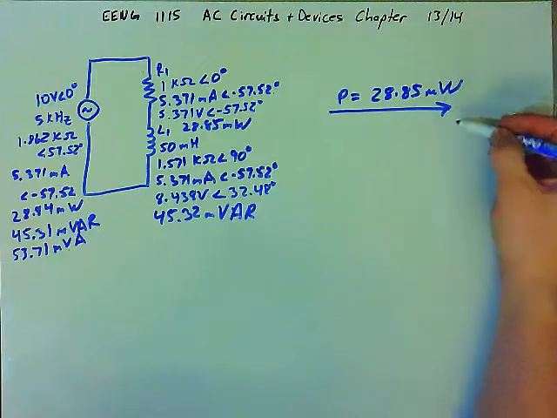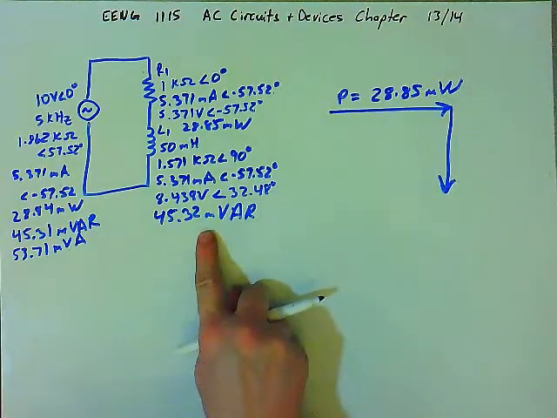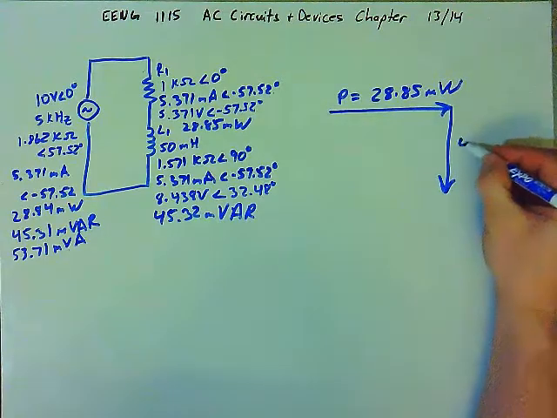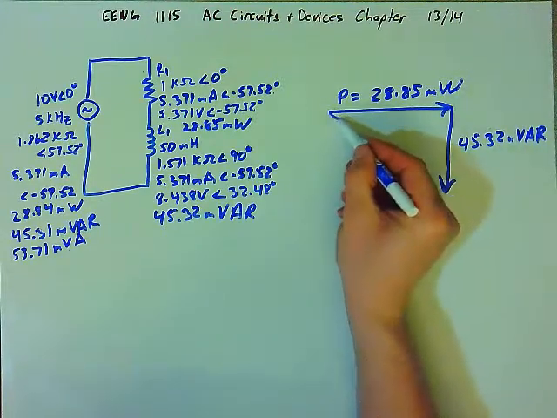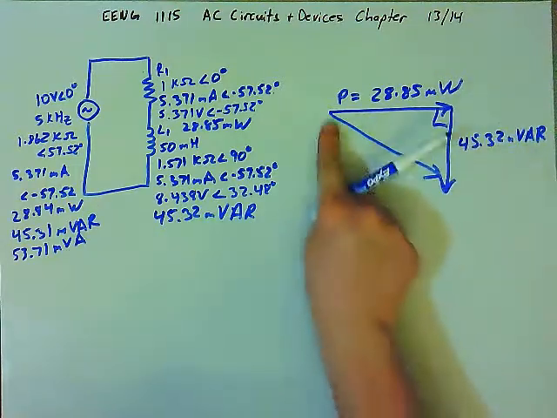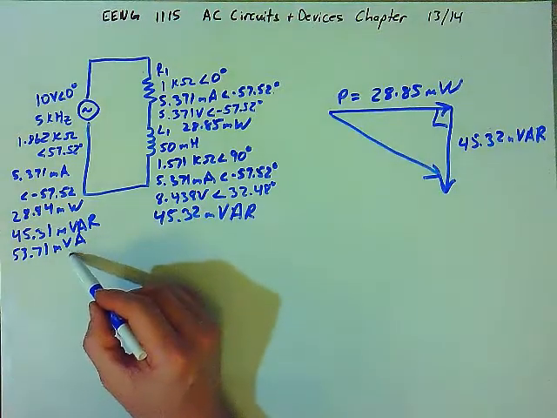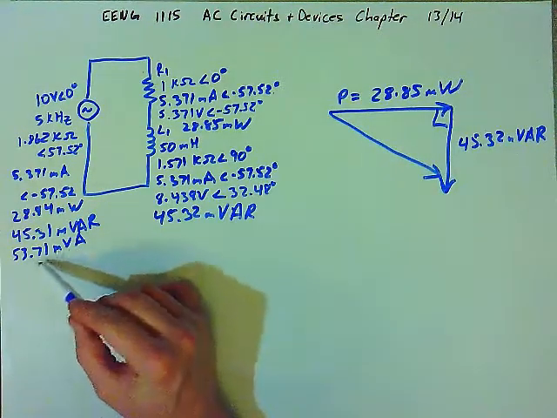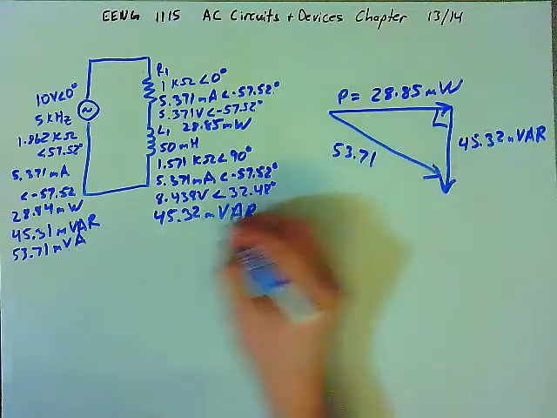We have a var component, which all comes from the inductor, so 45.32 millivar, and this vector triangle has a hypotenuse, and the hypotenuse, it turns out, is the volt amps of the total circuit, so 53.71 millivolt amps.